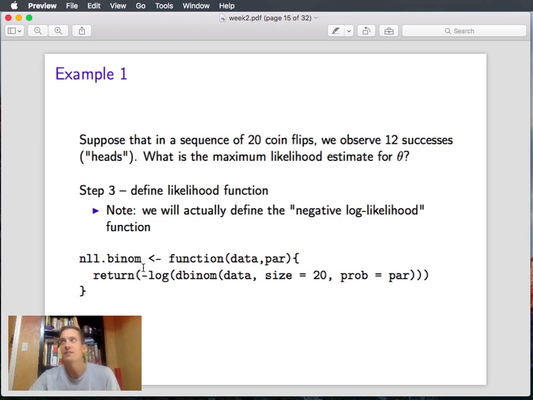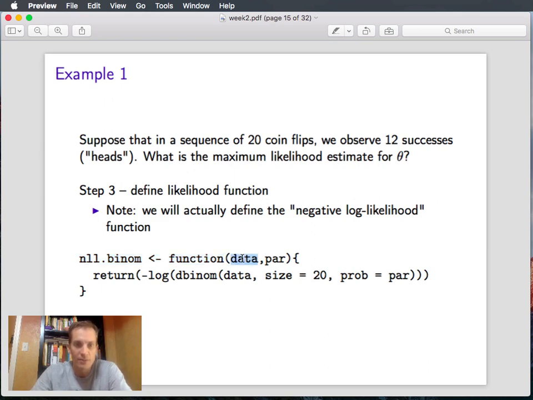So I know when I'm dealing in my R script with something, I know what the correct function is. I know that NLL.binom is my negative log likelihood for the binomial distribution. So whatever the name is, I give it something that's descriptive. And so I type NLL.binom, and then I assign that as a function of 2 inputs.